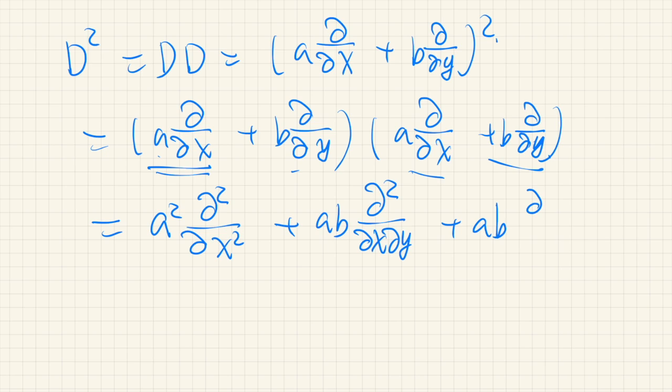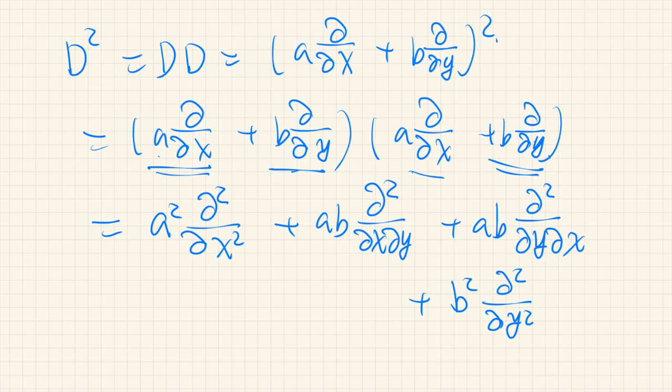So we have that, and plus this times this, we have b squared d squared over dy squared.